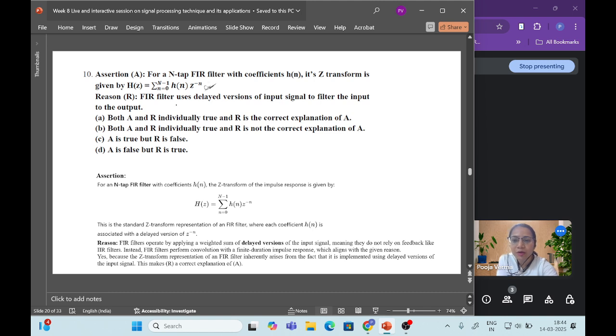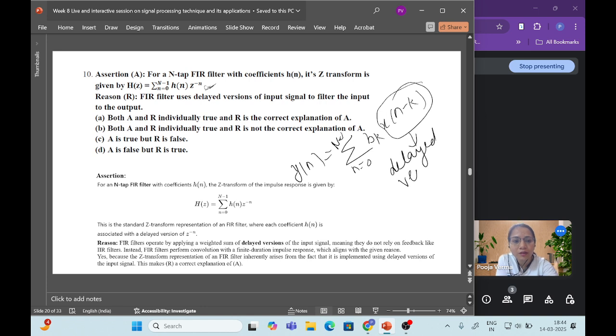Now we will look into the reason. FIR filter uses delayed version of the input signal to filter the input to the output. Already we have seen the FIR filter equation, that is y of n equal to the sum, k varies from 0 to N minus 1, of bk x of n minus k. So here what we are using is the delayed version of input.